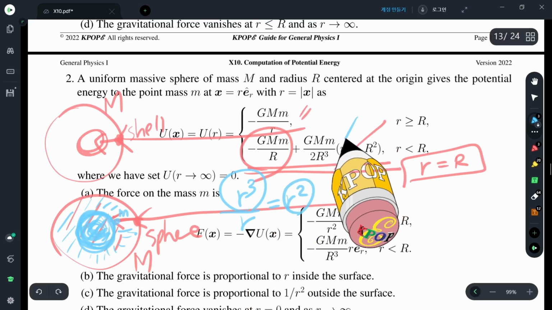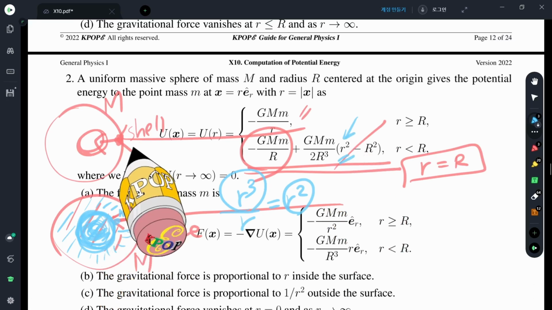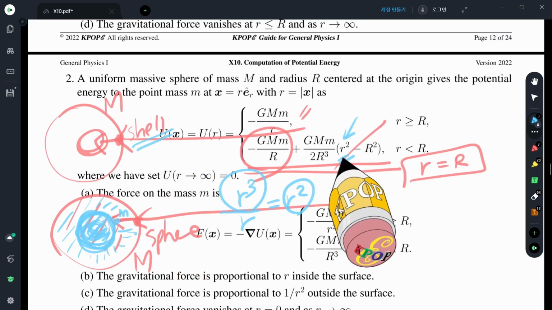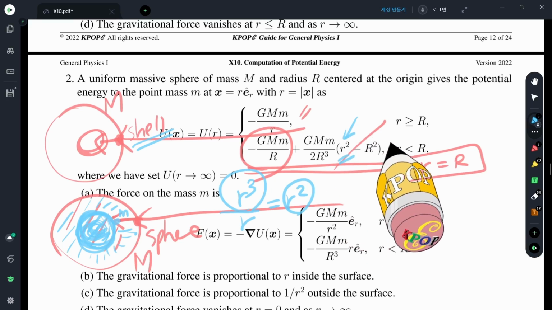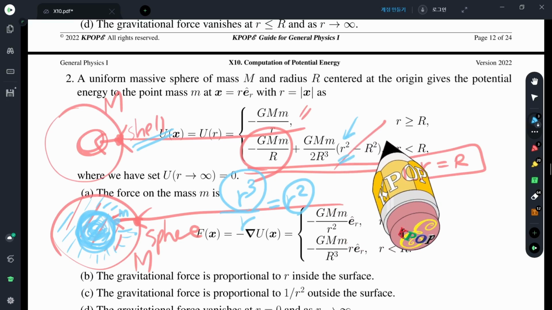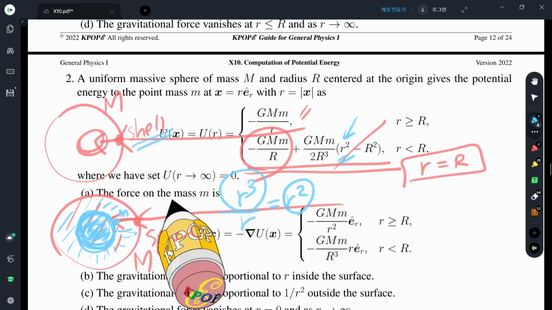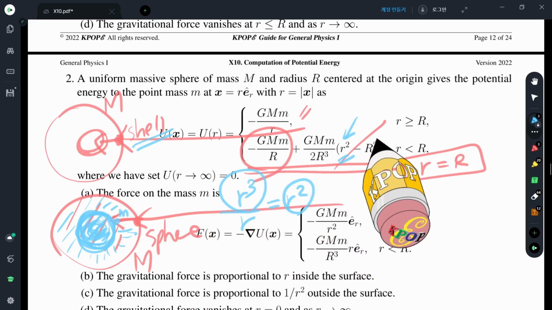That's the reason why we have r squared dependence inside the sphere. But the boundary condition should be satisfied. When it reaches capital R, it should match. So this is the only way to satisfy those boundary conditions. But at the end of the day, in the next lecture, we will evaluate this explicitly.